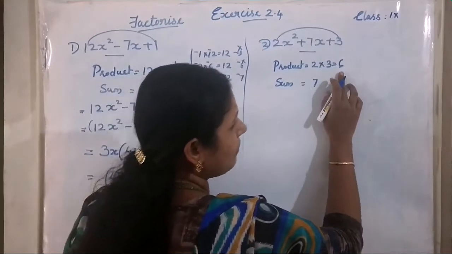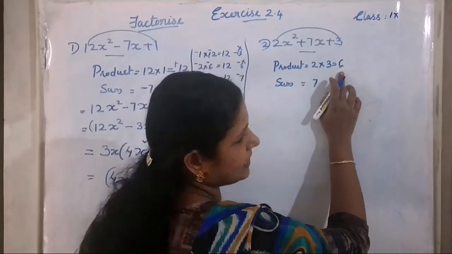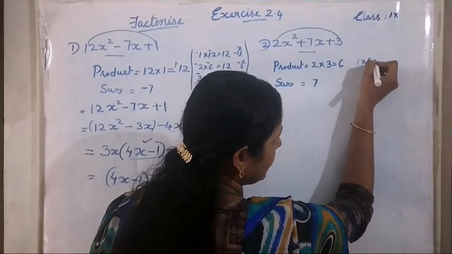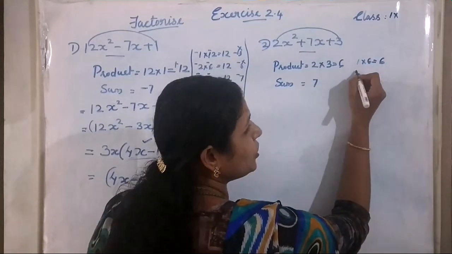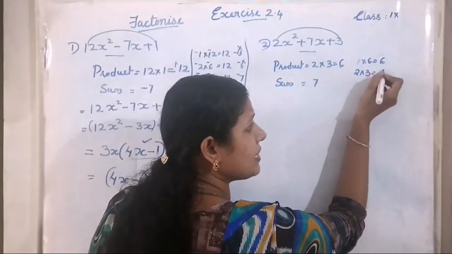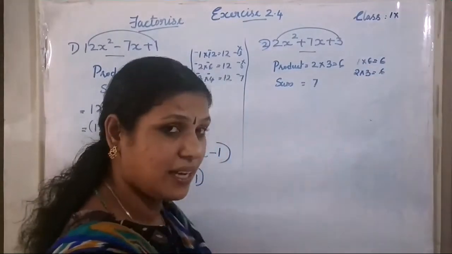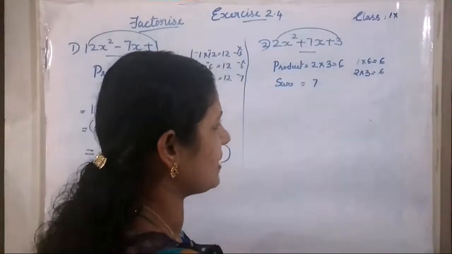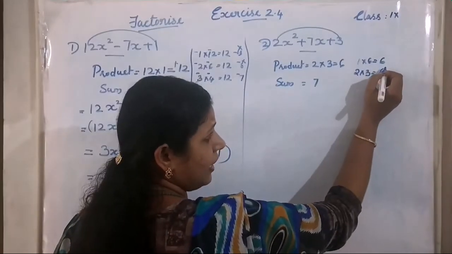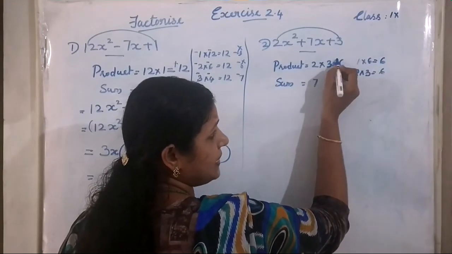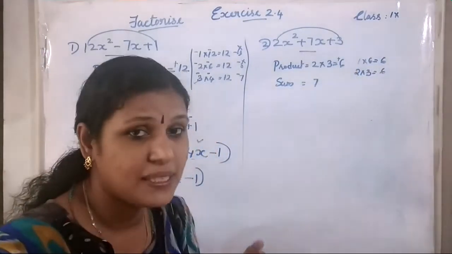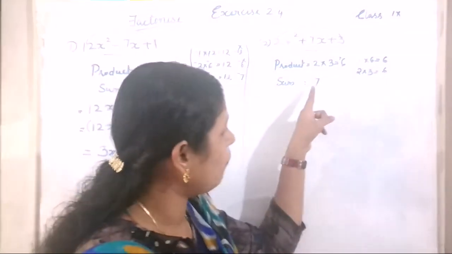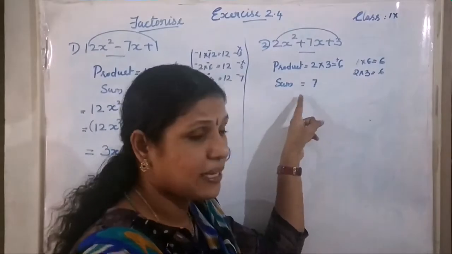Now which numbers get multiplied to give this 6? First is 1 into 6, which is 6. Then 2 into 3 is 6. These are the multiples of 6. So the next step is, if the sign is plus, both the numbers are either plus or minus.